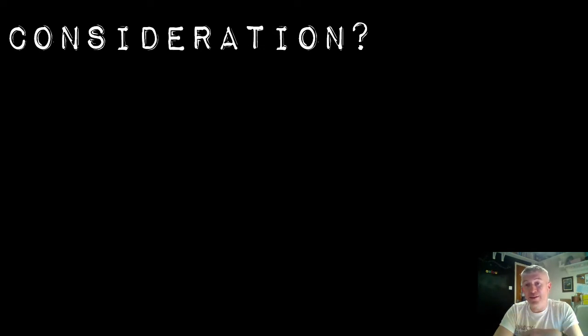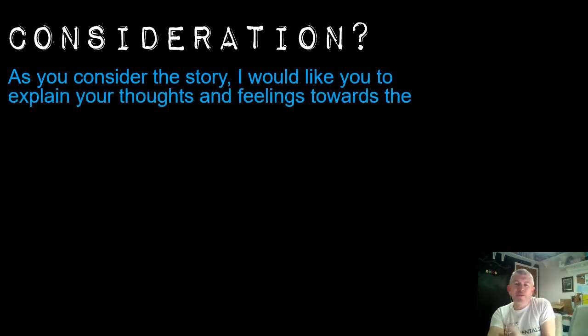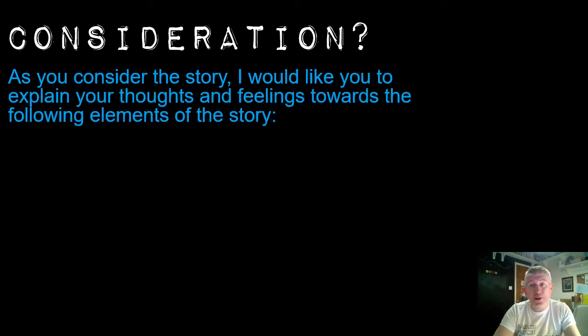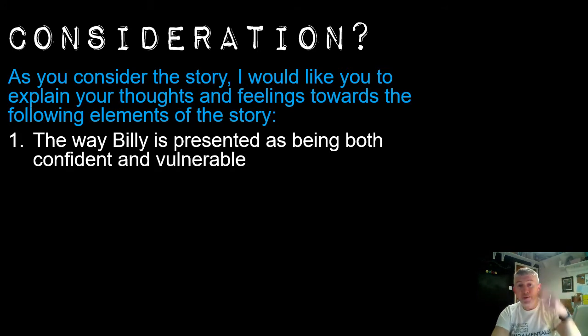So these are things I want you to have under consideration. This is a kind of review, so you're going to go back over the other lessons and look back at the text, thinking about how you feel about the following things. The first thing I want you to explain in a couple of paragraphs is Billy's character.